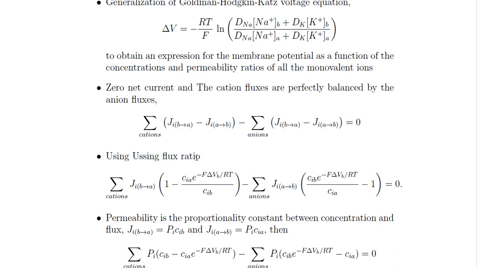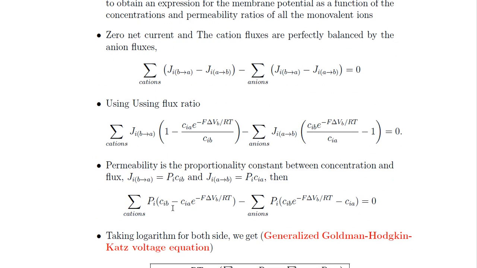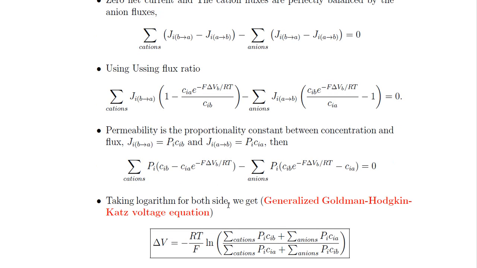Using the ratio, we get this equation, and using the proportional constants, we get the generalized Goldman-Hodgkin-Katz voltage equation, with sums over the cations and anions of P_i C_iB and P_i C_iA. This is for when we have many types of ion, for example magnesium 2 plus, cations and anions.